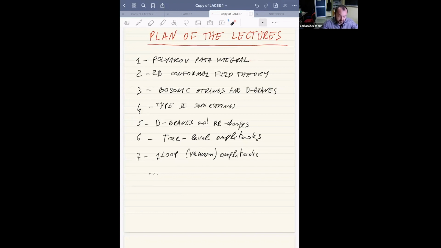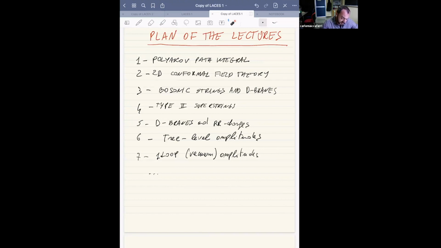Then I will spend some time explaining the basic facts of two-dimensional conformal field theory. With this material, we can have a concrete look at the realm of bosonic strings and bosonic D-branes, and we will see what happens in this bosonic world.